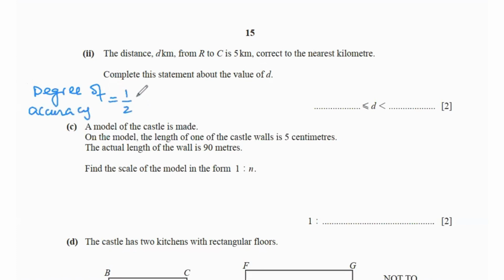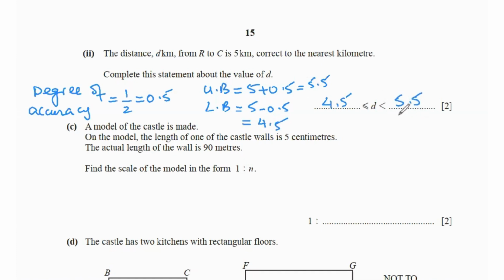To find the upper bound, we will add 0.5 to 5, and for the lower bound, we will subtract 0.5 from 5. So that's going to be 5.5 and 4.5. d is less than 5.5, but greater than or equal to 4.5.